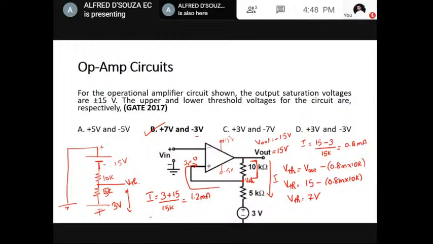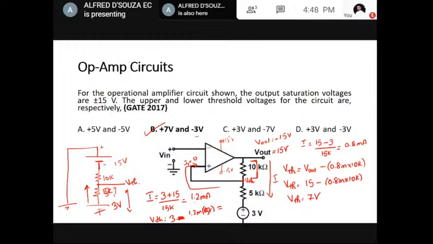So how much is VTH? VTH will be 3, and the current flowing through this 5K is 1.2 milliampere. The direction is like this, so it is minus 3 minus 1.2 milliampere into 5K.